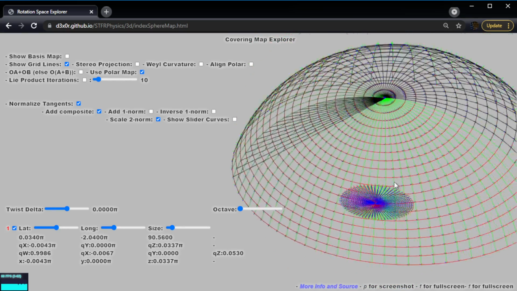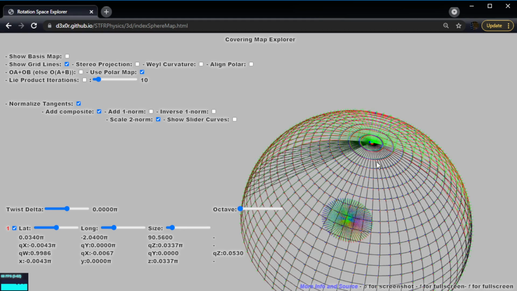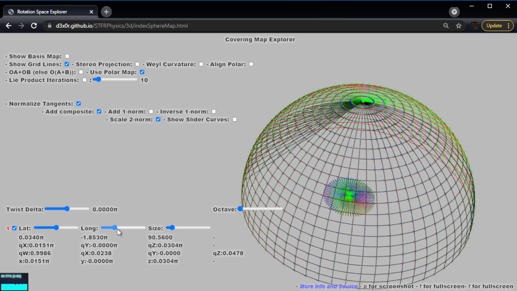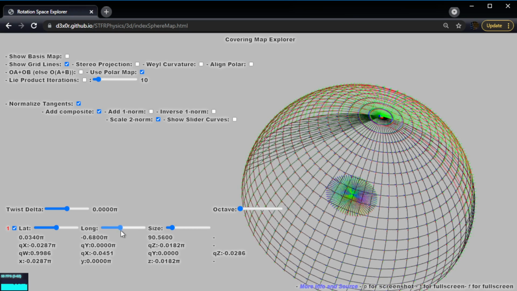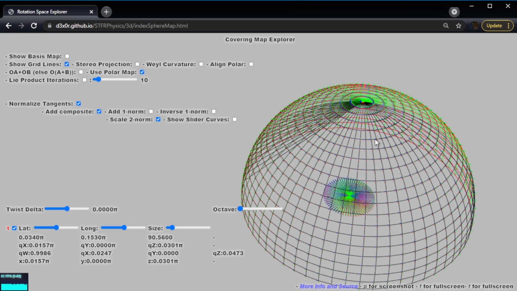So it's basically where this point is. When it's at the pole, the longitude doesn't really change it very much, because it's just rotating the longitude around that.